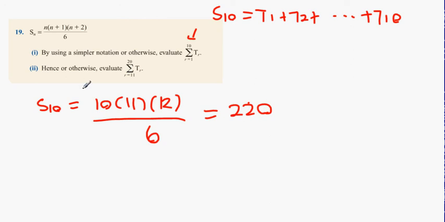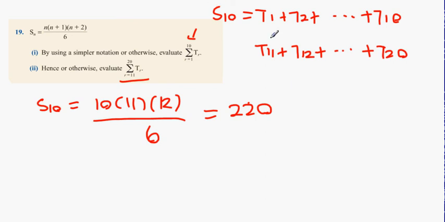And then it goes, hence or otherwise evaluate the sum of Tr from r equals 11 to 20. This is an interesting question, because S10 is T1, T2 all the way to T10. This question is really specific to T11 plus T12 all the way up to T20. This is what I'm looking for.